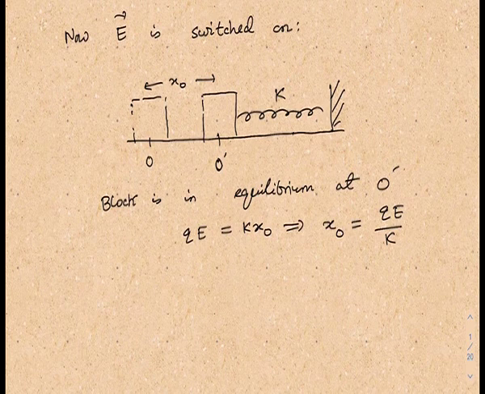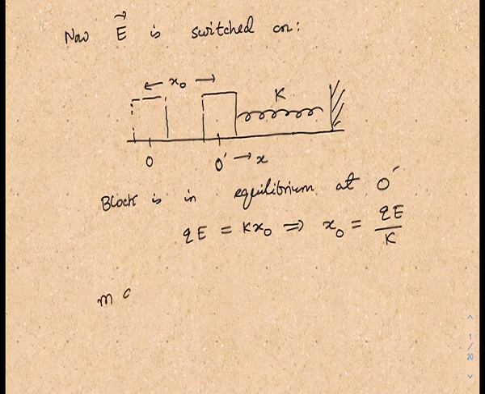Now let us say this block is shifted by an amount x from its new mean position O dash, then the equation of motion would be m d2x by dt2 equals the forces.